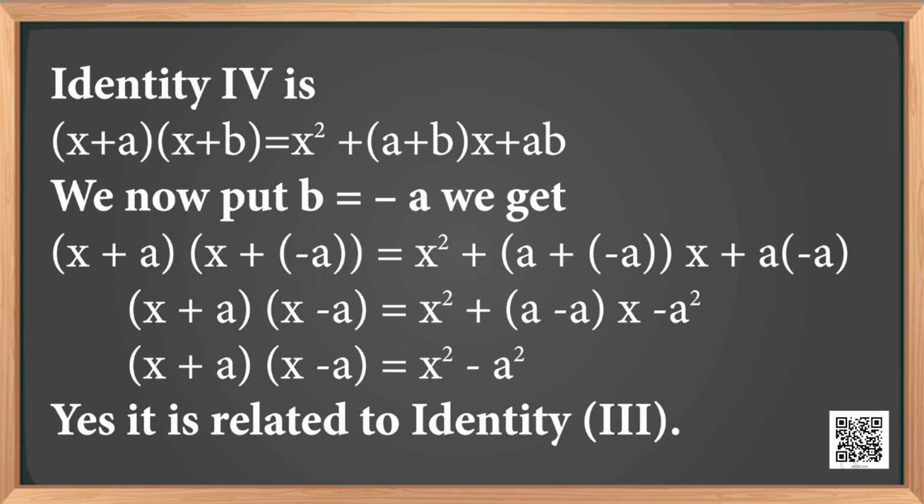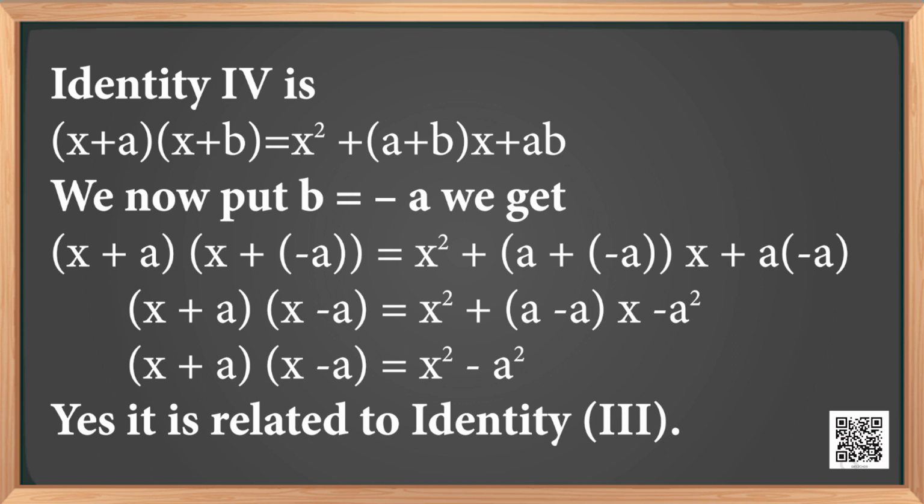We now put b is equal to minus a, we get (x plus a) into (x plus minus a) is equal to x square plus (a plus minus a) into x plus a into minus a. (x plus a) into (x minus a) is equal to x square plus (a minus a) into x minus a square, that is equal to x square minus a square.